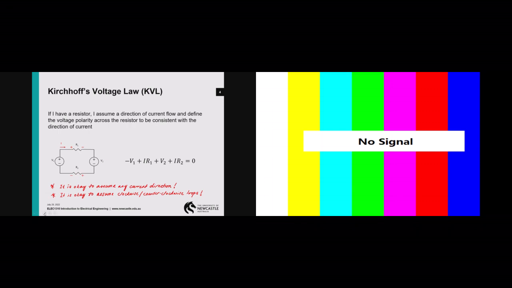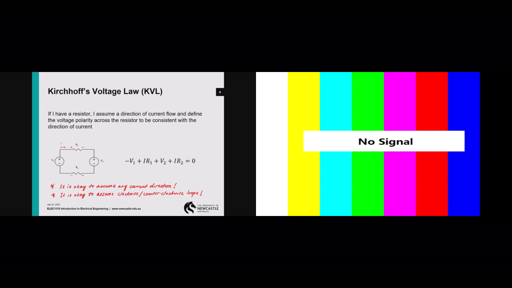So for starters, I'll just repeat the process of applying KVL to solve this circuit, right? Right, so start from here. So I'll create a loop, okay? So before we go into creating the loop, remember after you assume your current direction, the next step is to determine the polarity of your components, okay?